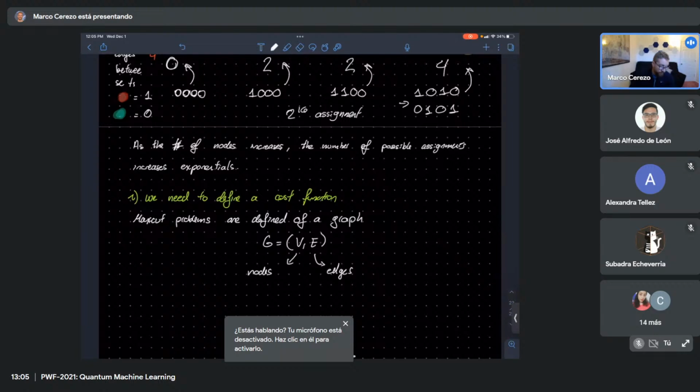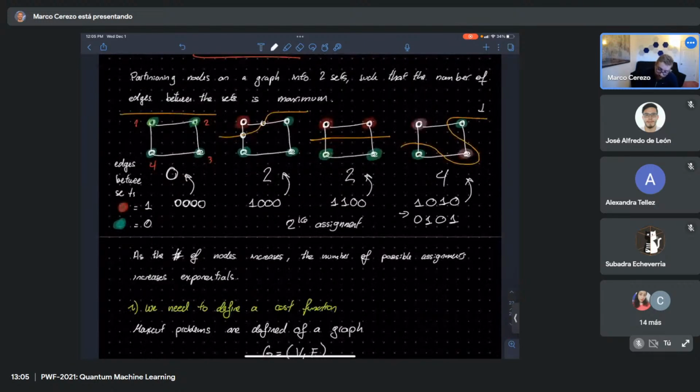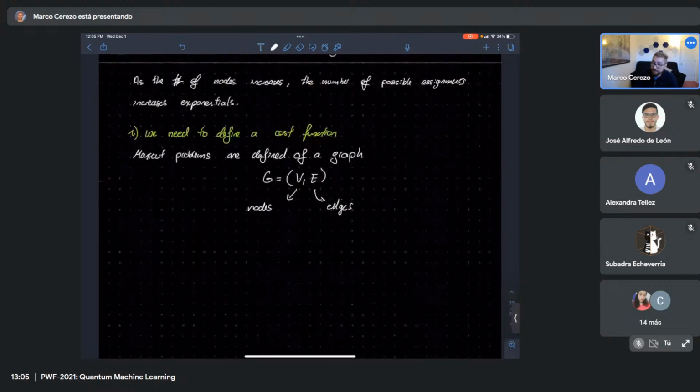What we need to know now is that there is usually a way to quantify this problem classically. Evaluating the max cut value is something that we can do classically.